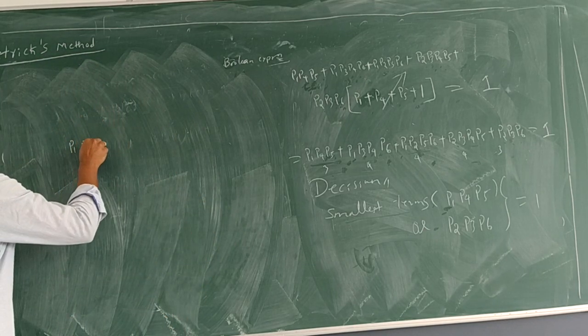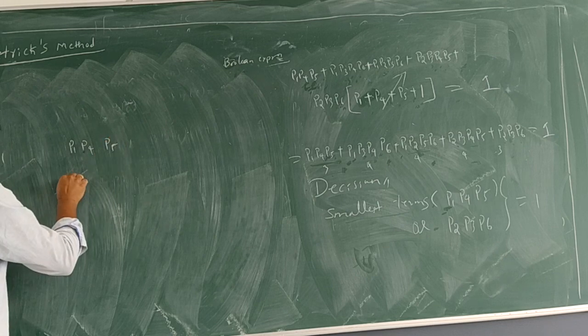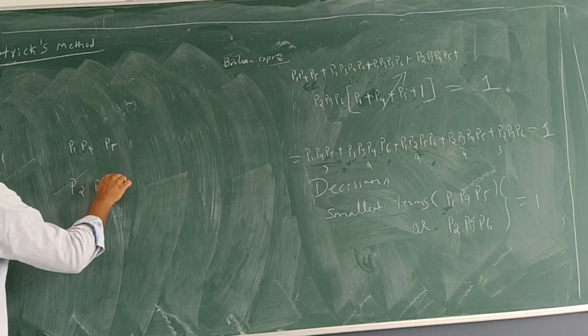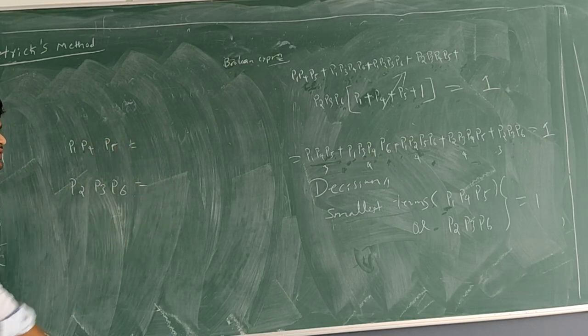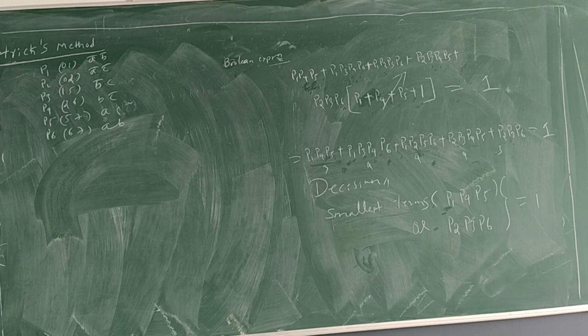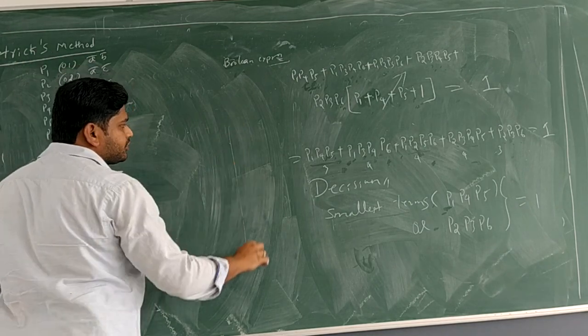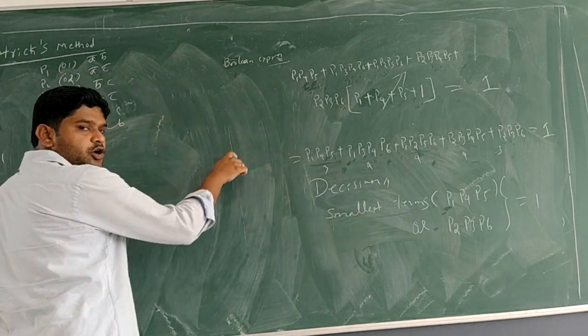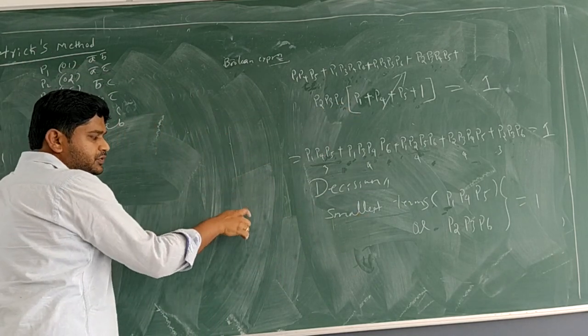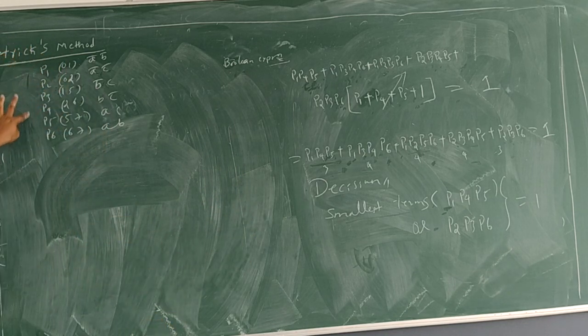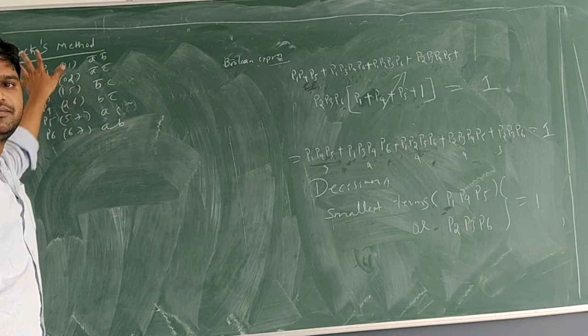P1, P4, P5 and P2, P3, P6. These are the 2 solutions. Okay, so now coming to the substitution. From the previous table, I think you remember this, I have relisted P1, P2, P3, P4 up to P6 for reference.